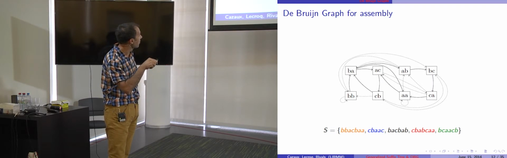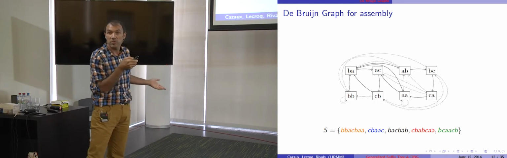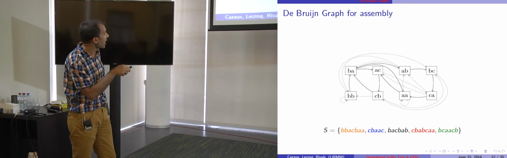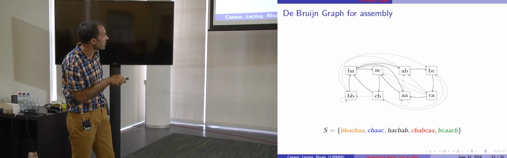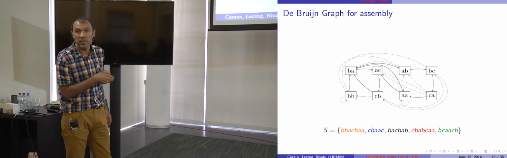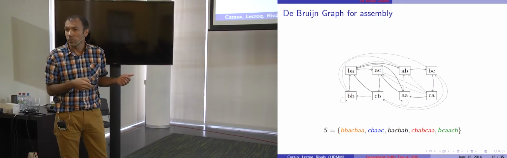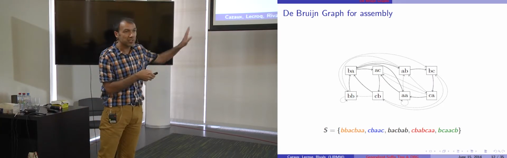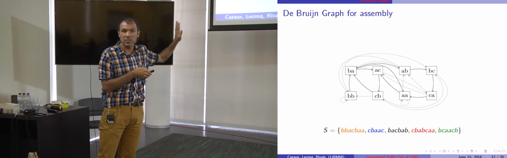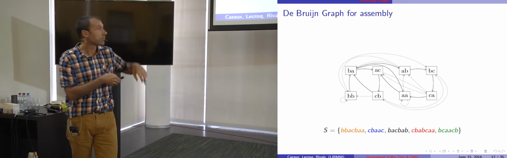You will have therefore BB solid edge BA. Okay, this is a de Bruijn graph, but you don't have CB solid edge BB because CB here is not followed by B in any word. Okay. So we will stick to the definition with solid edges only, which is much shorter.